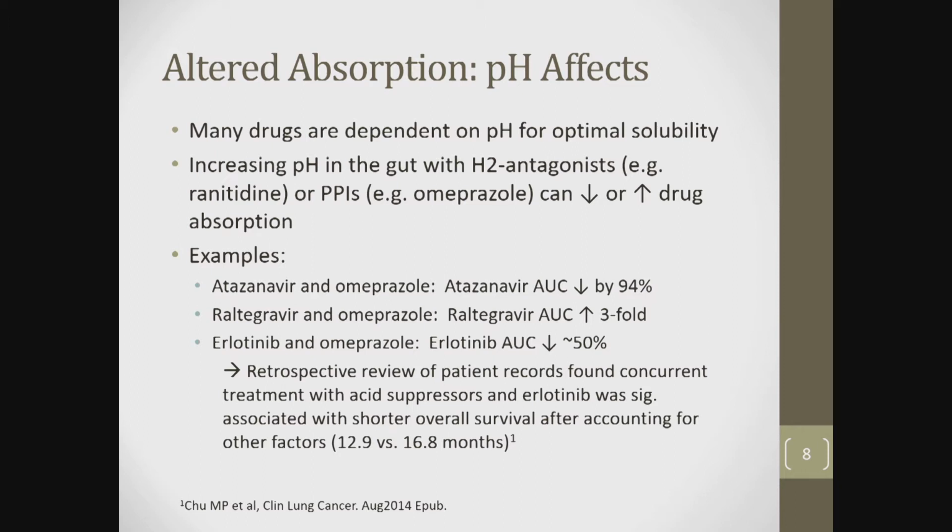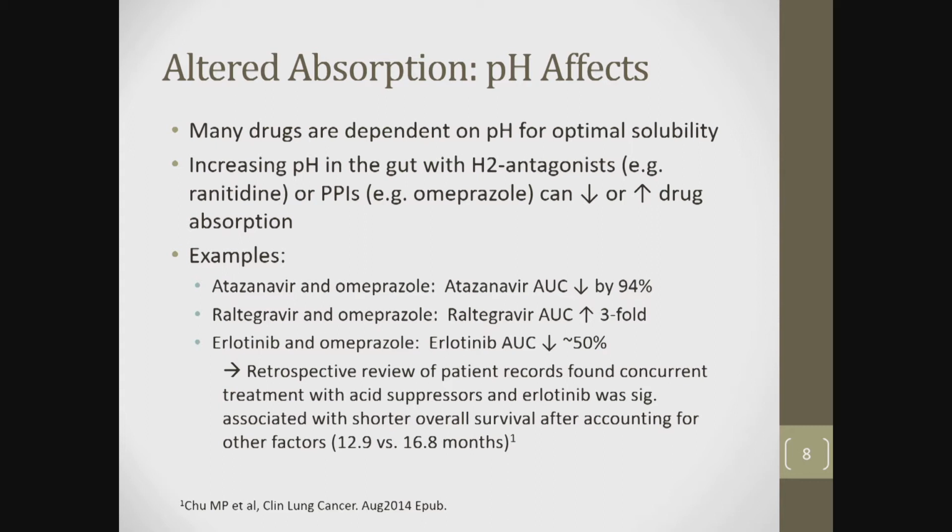Increasing the pH in the gut, for instance using an H2 antagonist like ranitidine or a proton pump inhibitor, can result in an increased or decreased solubility of a drug. Some examples include atazanavir and raltegravir, again, two antiretroviral medications. They actually have two different responses to pH. Atazanavir absorption is decreased with the use of proton pump inhibitors, whereas raltegravir exposure is increased.